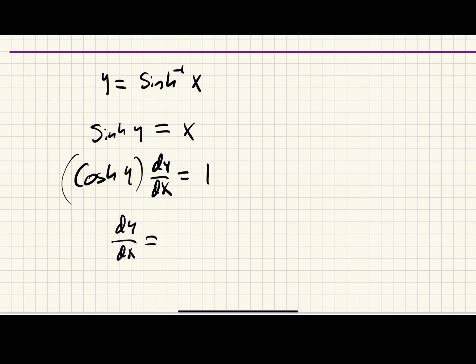So dy dx would be 1 over hyperbolic cosine y, but what is the problem with that? It's in terms of y. So what's your plan? What are you thinking?